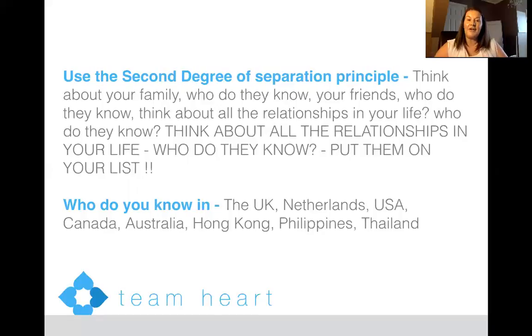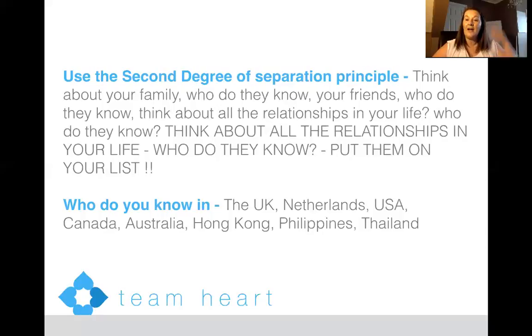So these things might be for you if you've been in the business for a while, maybe a year, 12 months, 2 years, or with a long-term mindset of how you're going to do this. Or if you have a really restricted list of people when you first get started, then one of the next things you can do is use the second degree of separation.